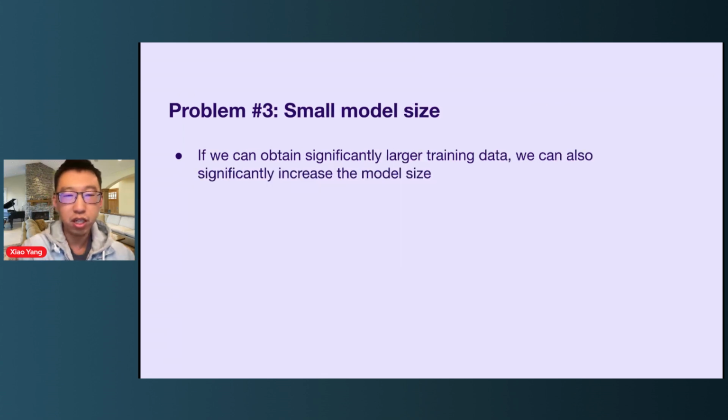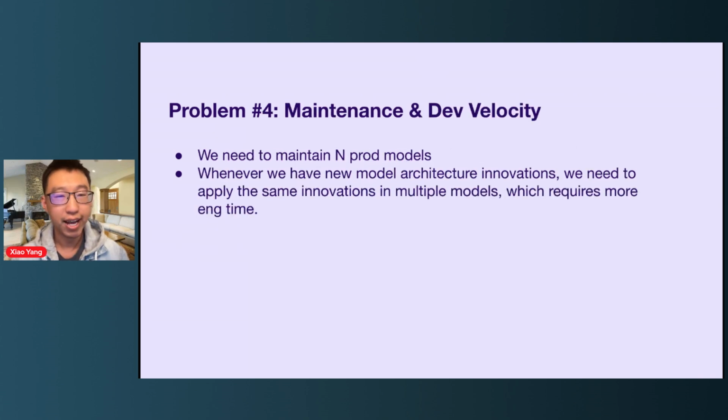The third one is that because we have very segmented training data, once we have significantly larger training data, we could also significantly increase the model size to really leverage the larger training data. And lastly, practically, this is a maintenance and velocity issue.